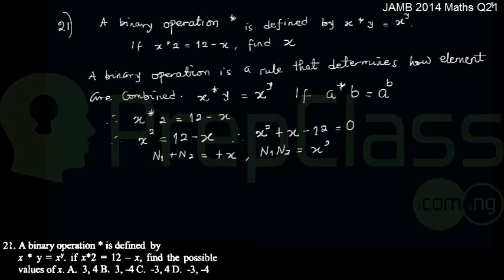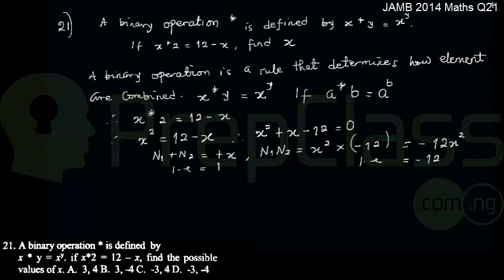So I would have x squared times minus 12, that will be minus 12x squared. So basically, I need two numbers whose sum should give me 1, the number in front of x, and whose product should give me minus 12. What are those two numbers?